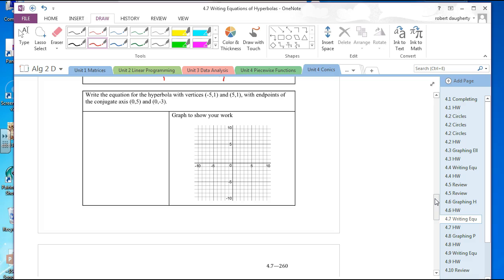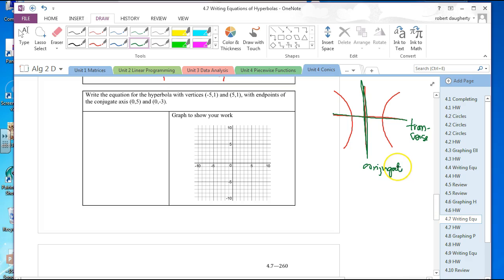So guys, let's look at it real quick. So if I've got a hyperbola that looks like this, this is the transverse axis. And then this is the conjugate axis. Okay? If I've got a vertical hyperbola, one that looks like this is the transverse, and that's the conjugate. Okay? So you got to know that.